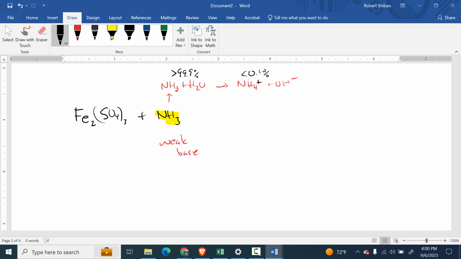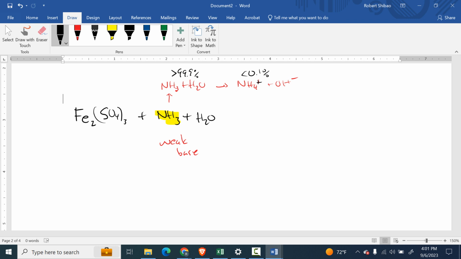But this 0.1% is enough. This hydroxide is very reactive in metathesis reactions. And hydroxide, we'll see, loves to form precipitates. It precipitates all metal cations except for group 1, ammonium and calcium, strontium, barium. And so what we're going to do is take our ammonia and water.